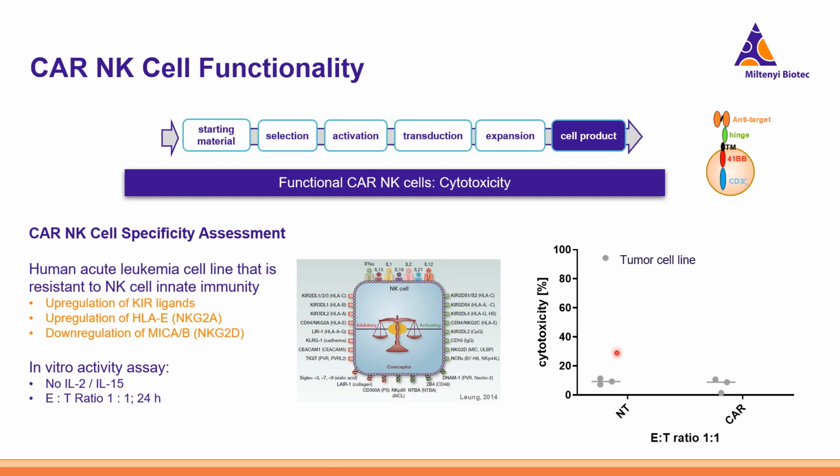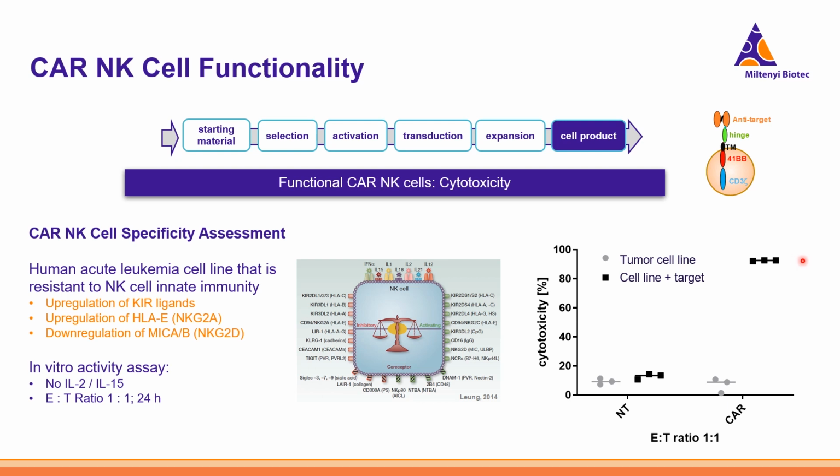Not for every donor is it as resistant. Some NK cells actually are a little more active, but we can always see a very good delta between the non-transduced and the CAR-transduced NK cells. So if we transduce the cell line with the tumor target, the untransduced NK cells cannot kill it, and then the CAR NK cells very effectively and specifically kill those cells after the tumor target has been introduced into them.